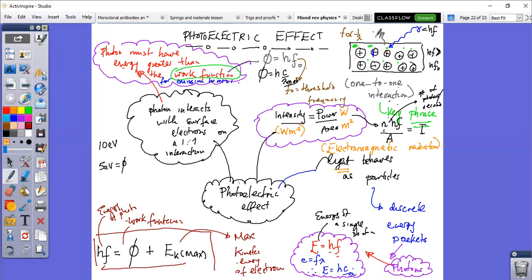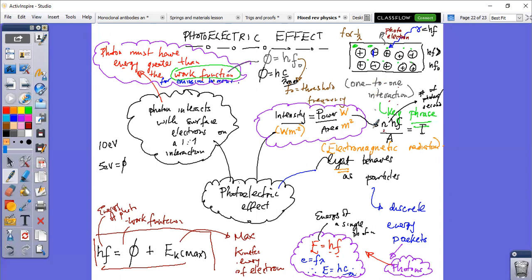Now, these emitted electrons we call photoelectrons, to distinguish them from the other electrons. Because it's a one-to-one interaction, and we have increased the number of photons reaching the surface a second, this will lead to more photoelectrons being emitted per second.